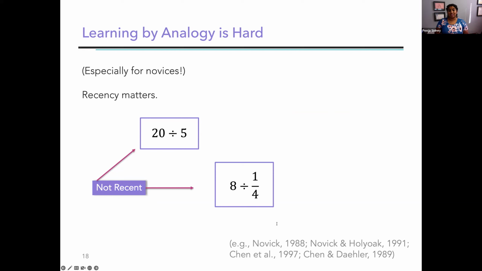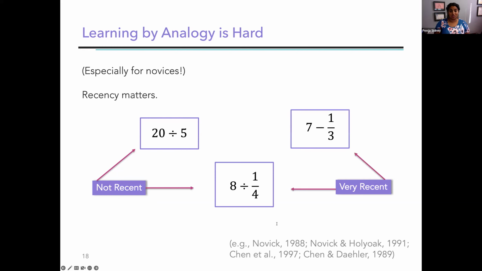On the other hand, sometimes very recently learned or recently practiced problems don't make a great analogy. When children are learning about fraction division, they've usually just learned about other arithmetic operations with fractions like subtraction and multiplication. And although subtraction and multiplication are related to division, these problems don't have the same conceptual structure. So the analogy might not be all that productive.